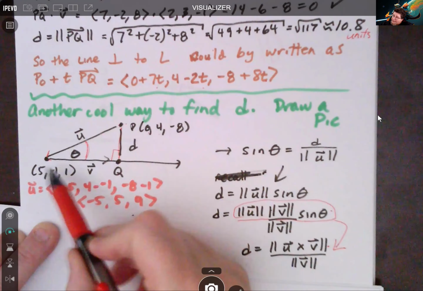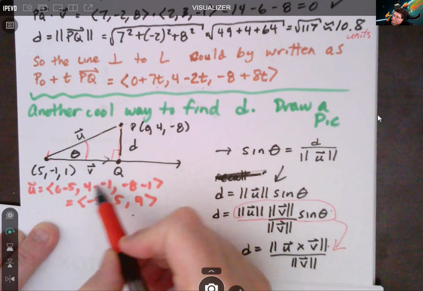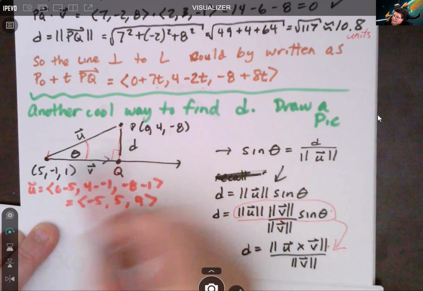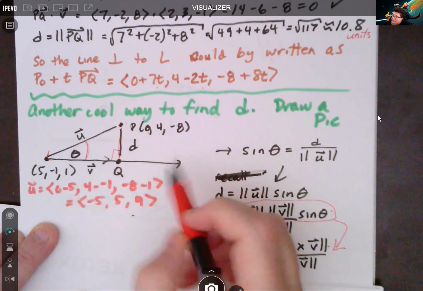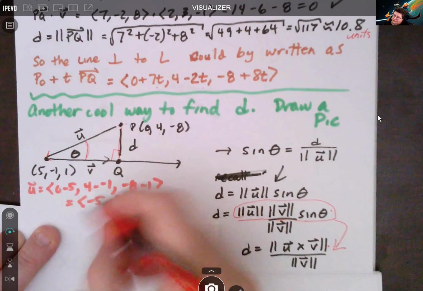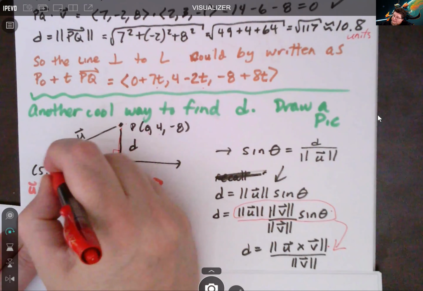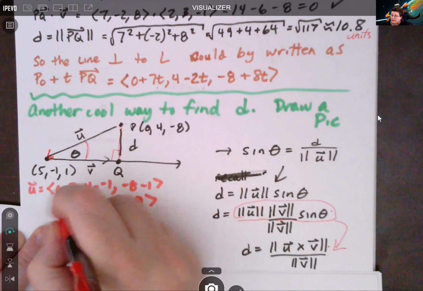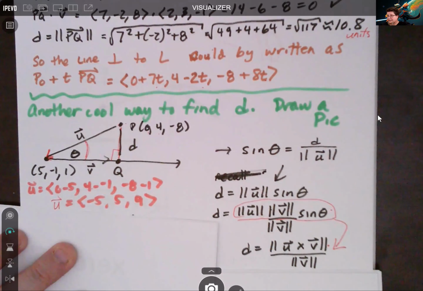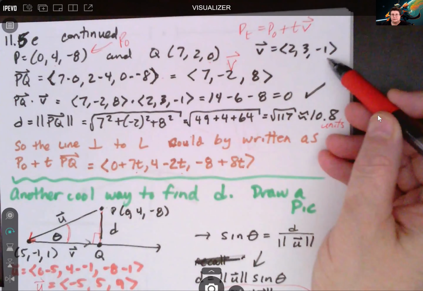I've got 5 minus 0, I've got -1 minus 4, I've got 1 minus -8. This gives me a U vector going that direction. We already know V. V was this 2, 3, and -1.